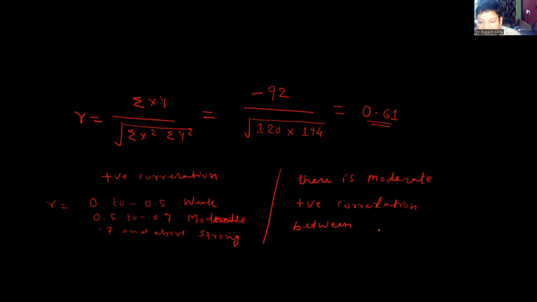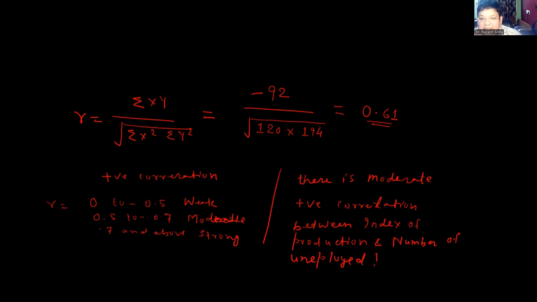Index of production and what? Number of unemployed. This is how we are going to write the interpretation.